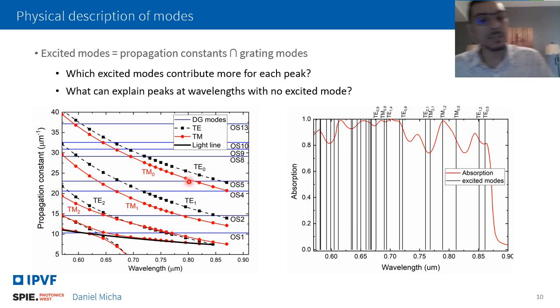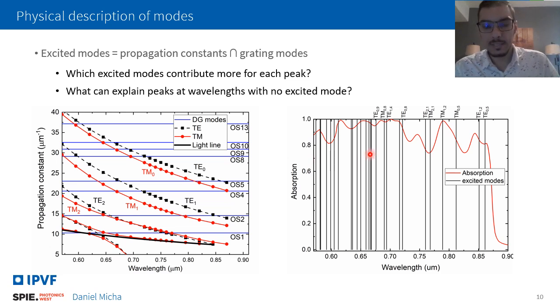By finding the matchings between the different curves, we can superimpose these vertical lines in our absorption curves, showing where we have the excited guided modes, and trying also to get an understanding of which mode is contributing more or less to a given absorption peak.